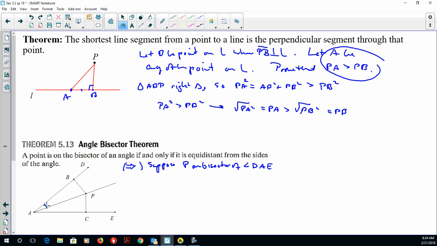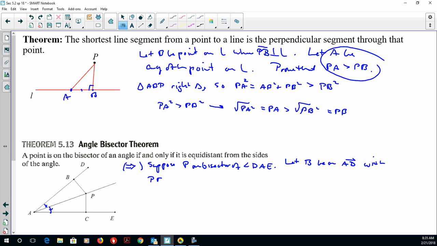Let B be the point on AD with PB perpendicular to AD.